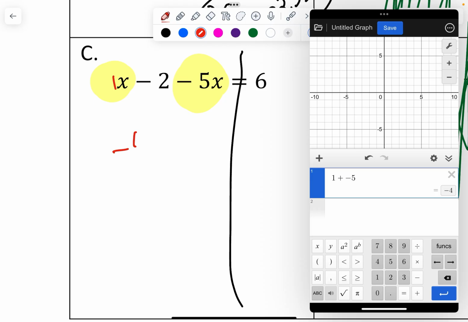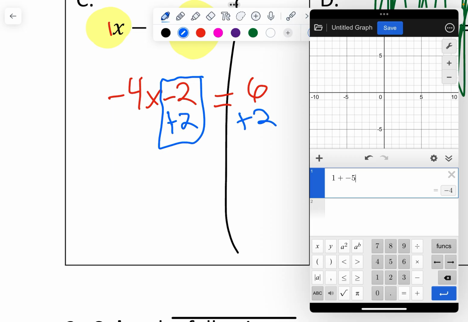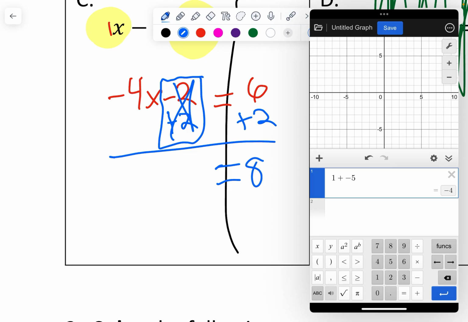So I got negative 4x. Bring down that 2. And then again, once we're in this spot, you guys, it's the same routine. Backwards from PEMDAS, the opposite of negative 2, or the inverse of negative 2, is positive 2. So 6 plus 2 on this side is 8, and bring down that negative 4x.